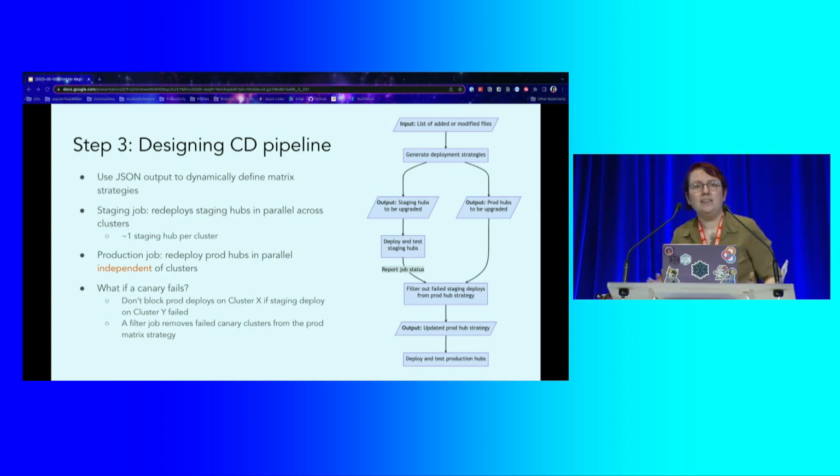So we are creating dynamic parallel matrix strategies at runtime just by building a JSON object.